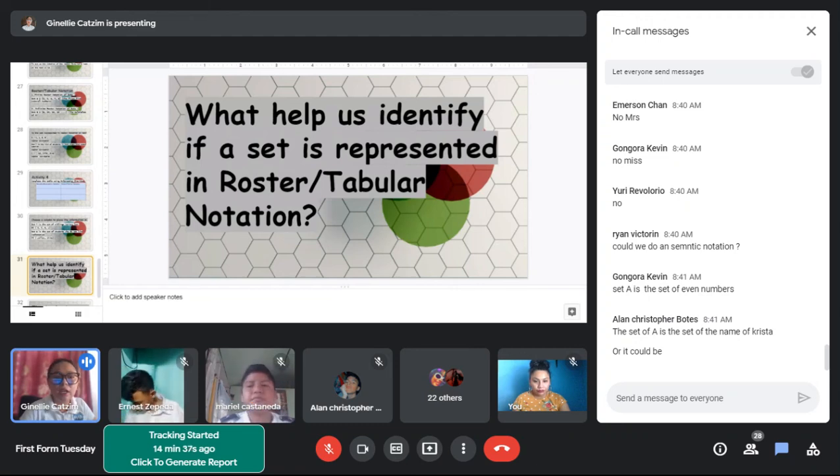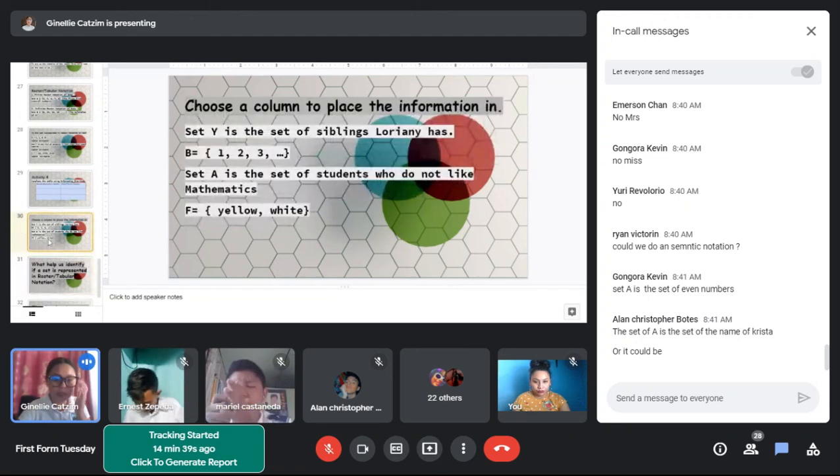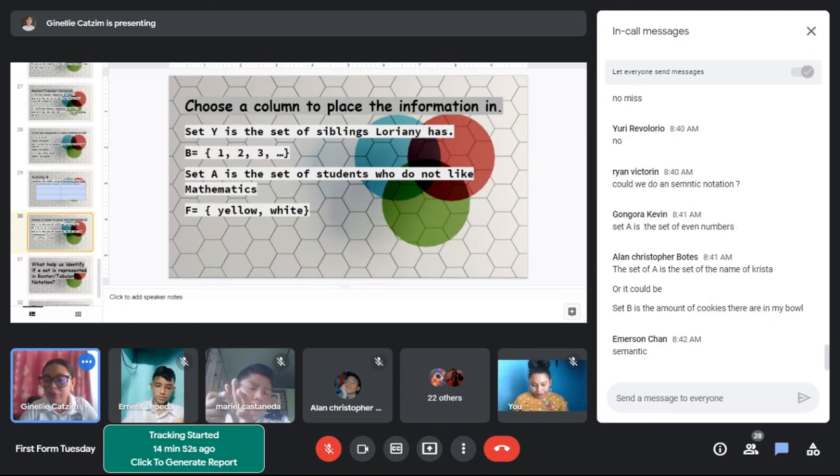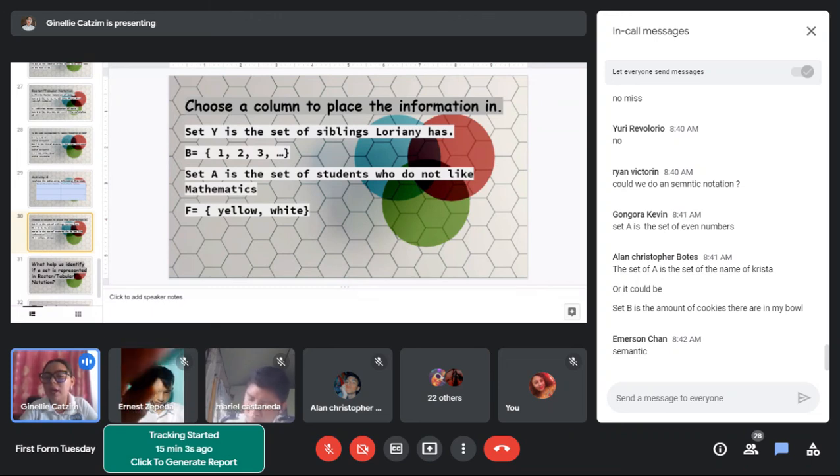Why? Because I gave you an example here, right? Let's say this slide. We can see that set Y has many words. It's a sentence. So that is what semantic notation looks like. And B is a raster form. It doesn't have a sentence. It doesn't have too many words in it. It just has the curly brackets and the elements separated by commas, and if it is infinite, we include the 3 dots.